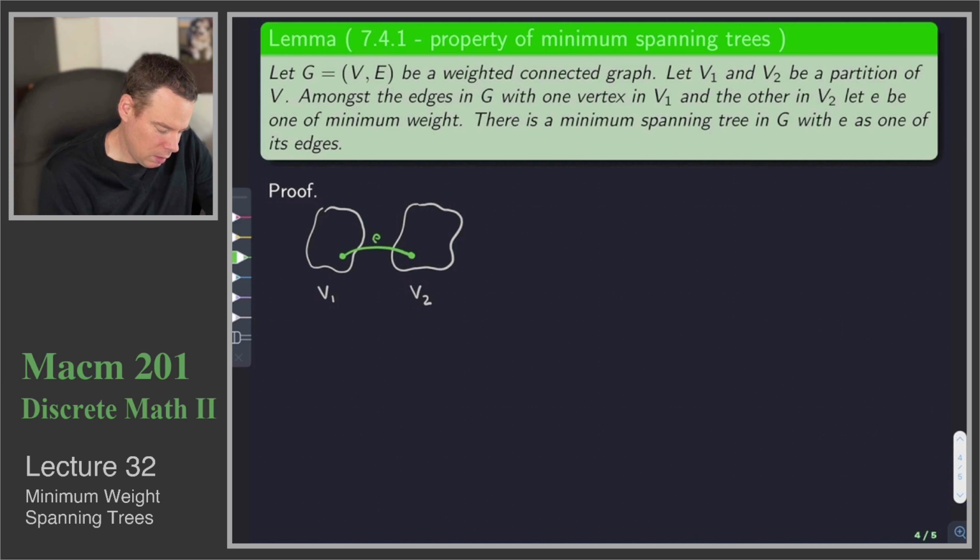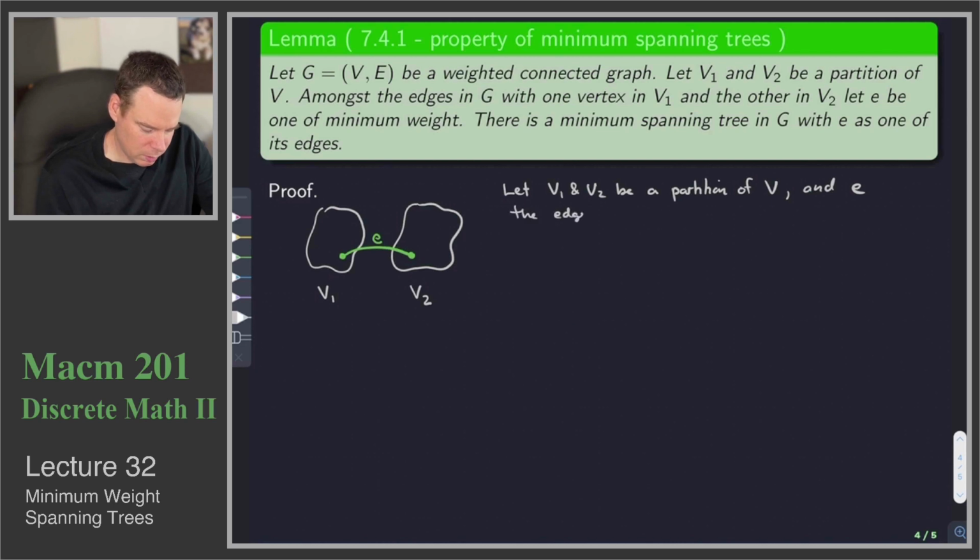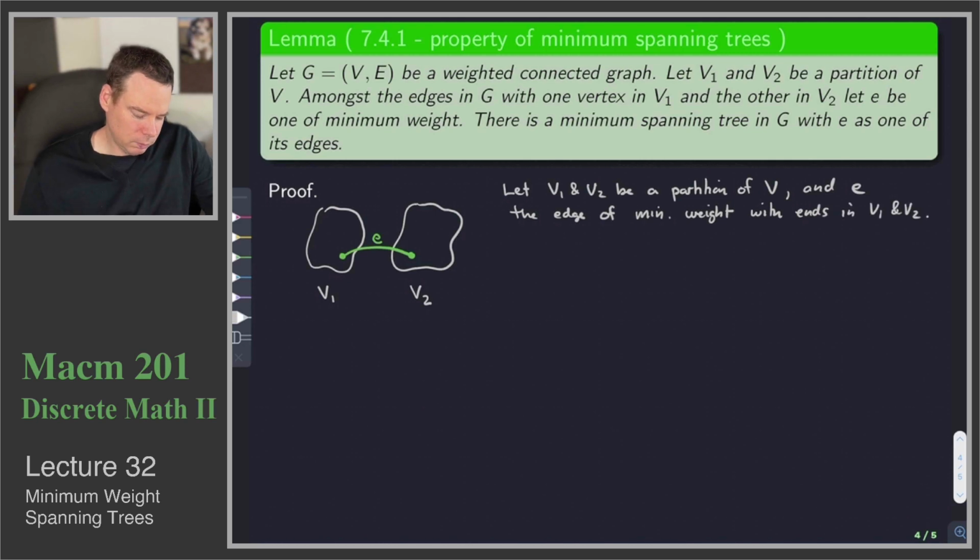Let's call that edge E. So we'll let V1 and V2 be a partition of V, and E the edge of minimum weight with ends in V1 and V2. I want to show that there is a minimum weight spanning tree that uses edge E.